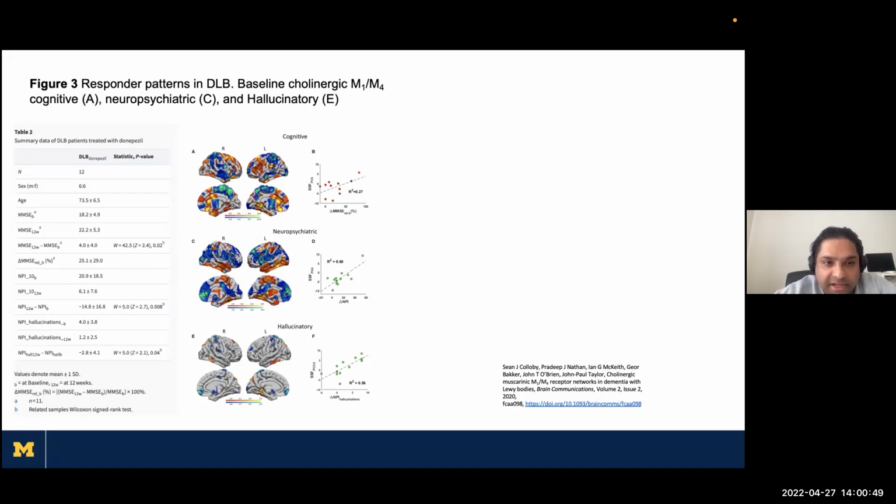After giving a medication, they came back after 12 weeks, had another clinical round, and did the same test battery. Based on that, they calculated the percentage of MMSE change, percentage of NPI change, and hallucination.